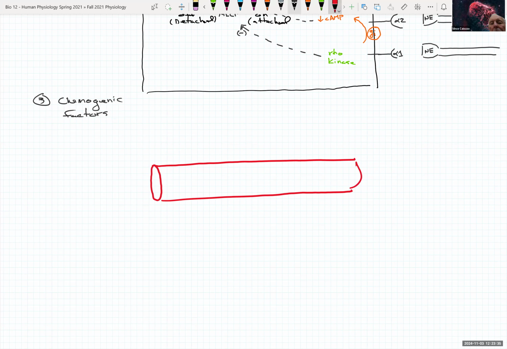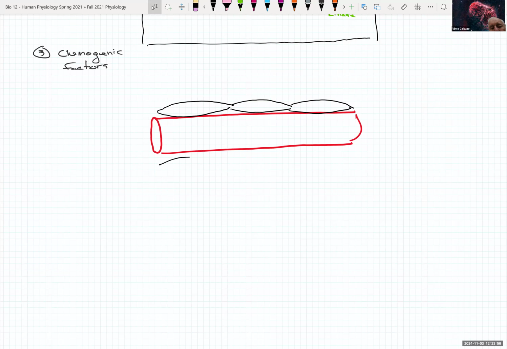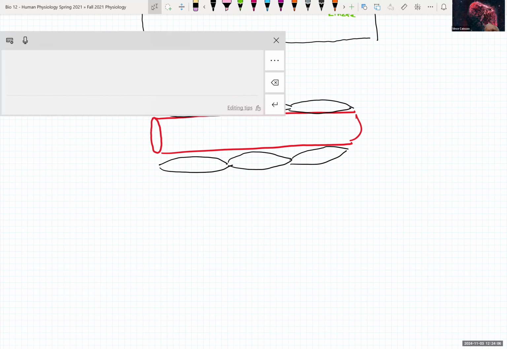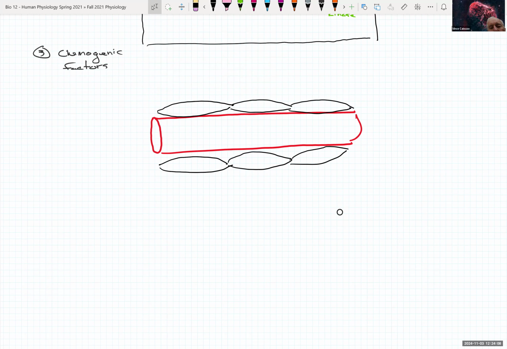I'm going to just put these little elliptical structures, and we'll come in and label these.